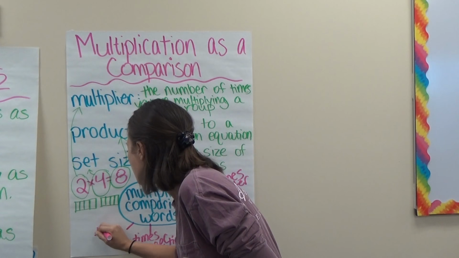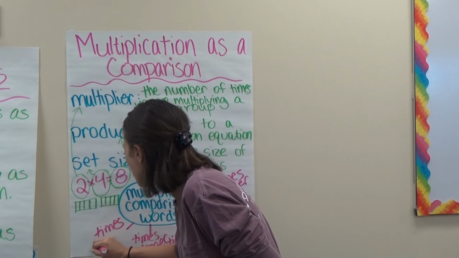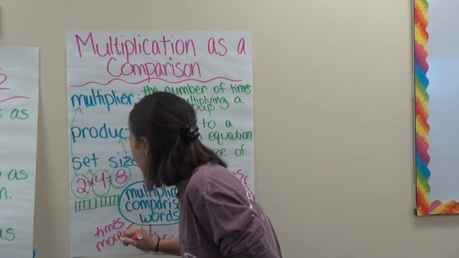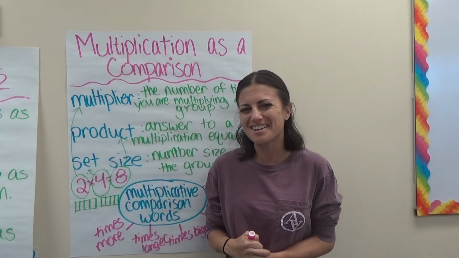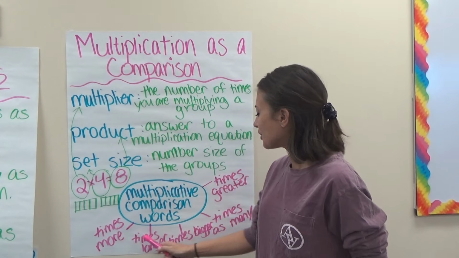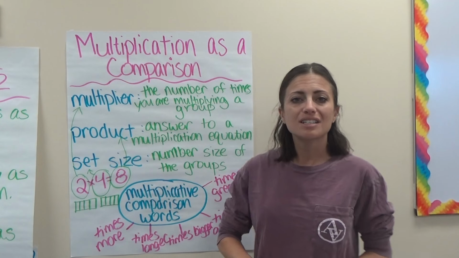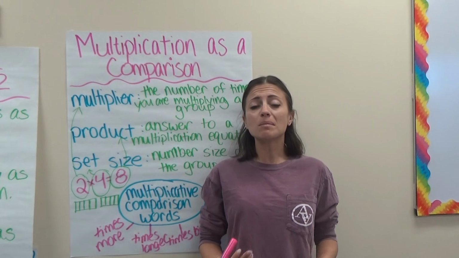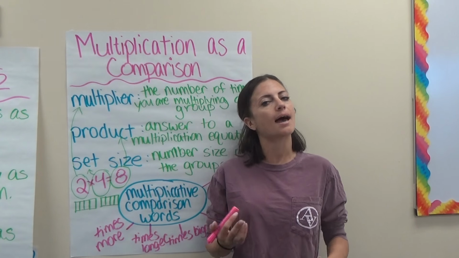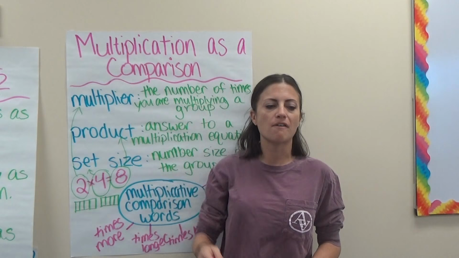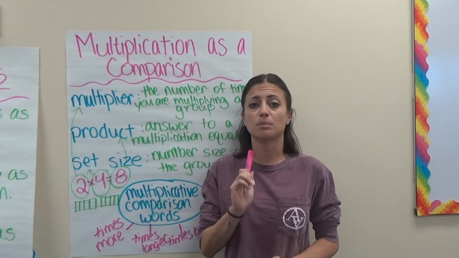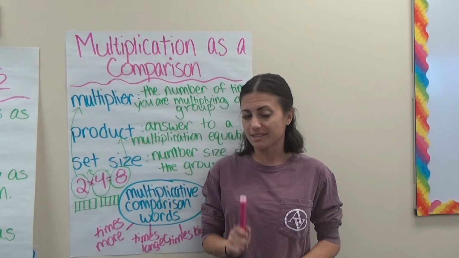So we're going to write down times more since we already have times bigger. Now I wonder if you noticed the trend here, or the pattern. There's a key word, times, that is included in all of these. We're talking about multiplication. If you see that word times, that's your light bulb that should go off to tell me I need to be using my multiplication skills to solve this.